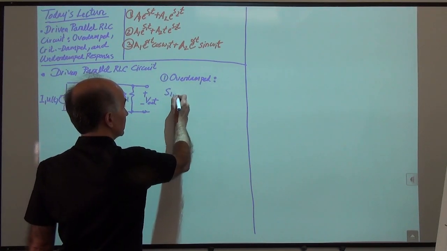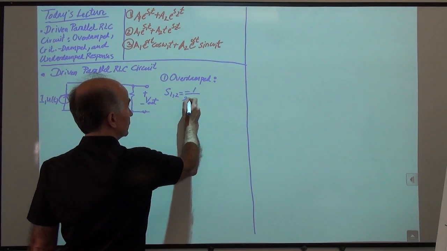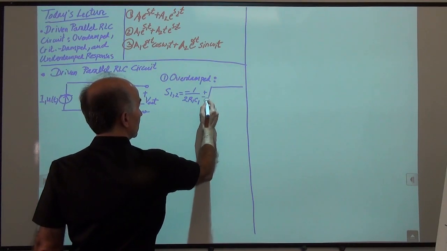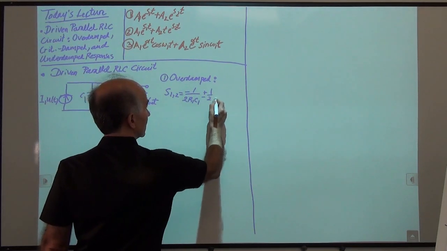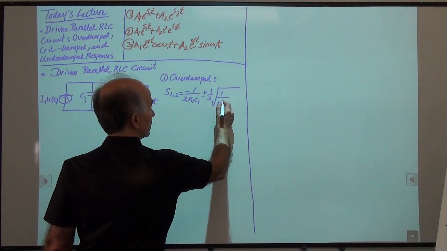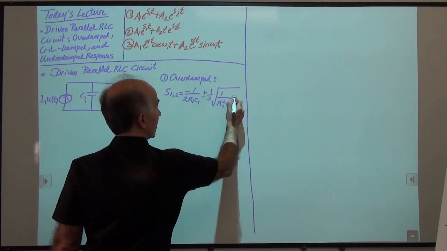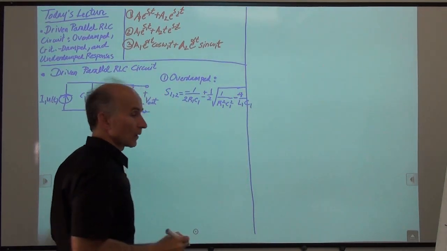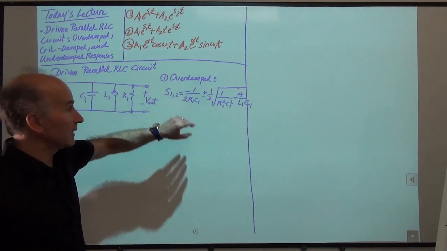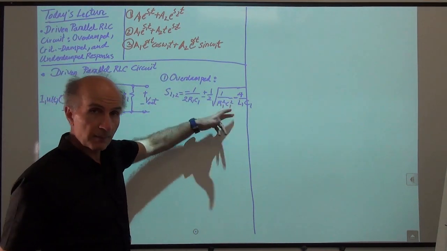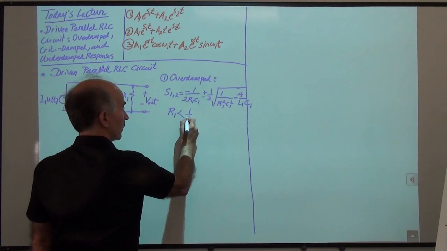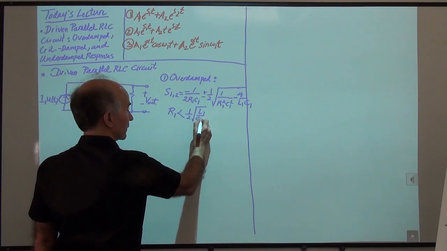So s1,2 is minus 1 over 2R1C1 plus or minus, I always forget this factor of 1/2 here, the square root of 1 over R1 squared C1 squared minus 4 over L1C1. The overdamped response means that this term under the square root is positive, which corresponds to R1 being small enough, so R1 less than 1/2 of the square root of L1 over C1.